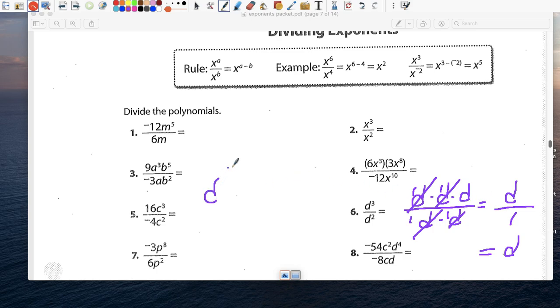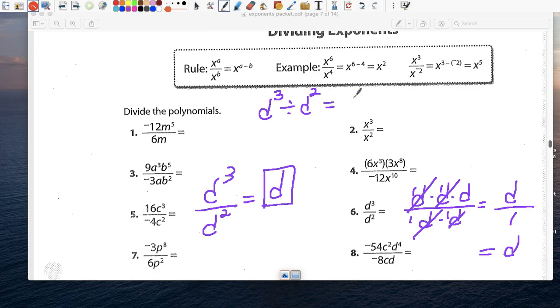If you don't want to expand it, you can say: there are 3 d's on the top, 2 d's on the bottom. After they cross each other out, or simplify, I'm going to have 1 d left over. And where are you going to have it left over? On the top. Now, if you did it the other way, and wrote it horizontally, d to the third power divided by d squared, you keep the base, subtract exponents, and 3 minus 2 is just 1. d to the first power.